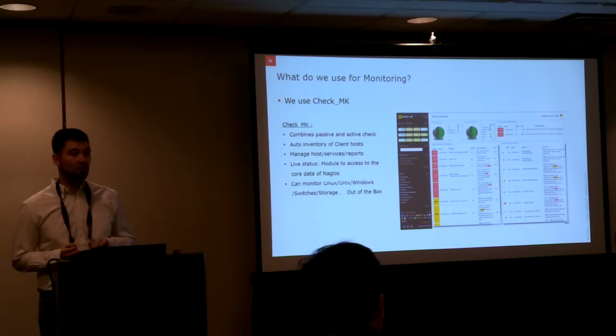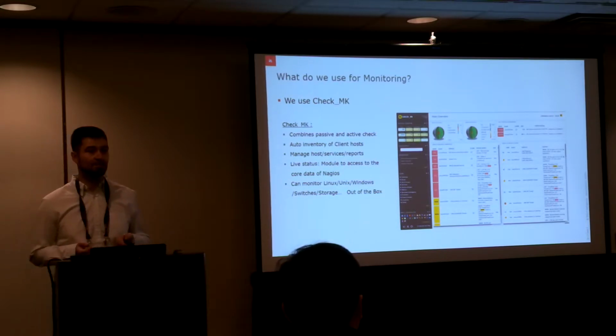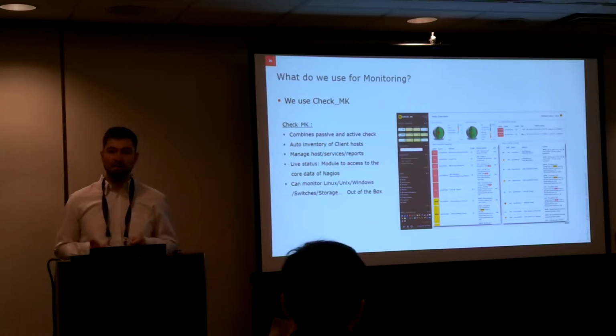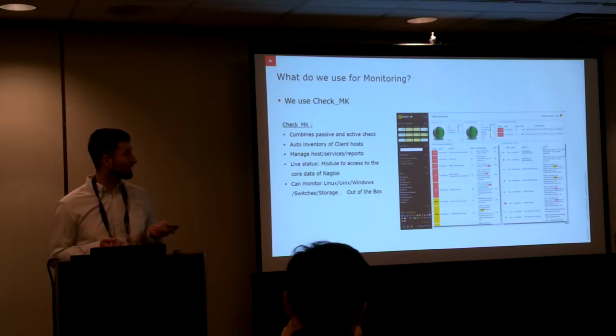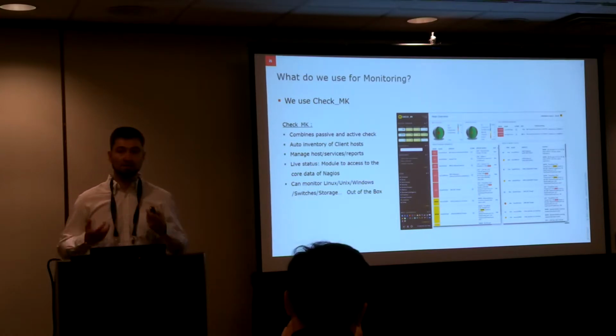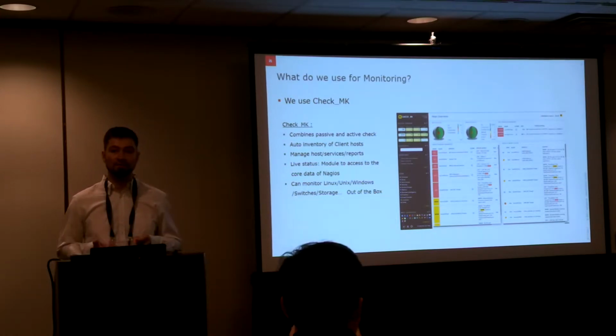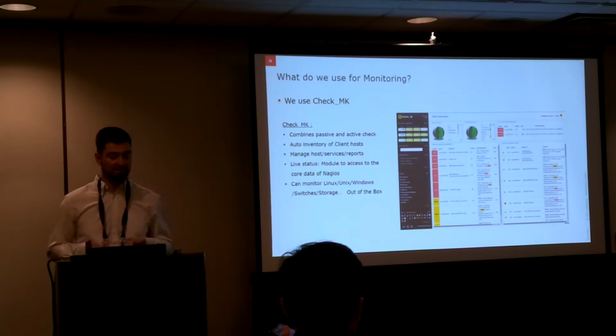What do we use for monitoring? We use CheckMK. CheckMK is a Nagios-based monitoring solution which ships with a nice UI you can also see on the right side, where you can have a complete overview of what's going on inside your landscape and also in the customer landscapes.